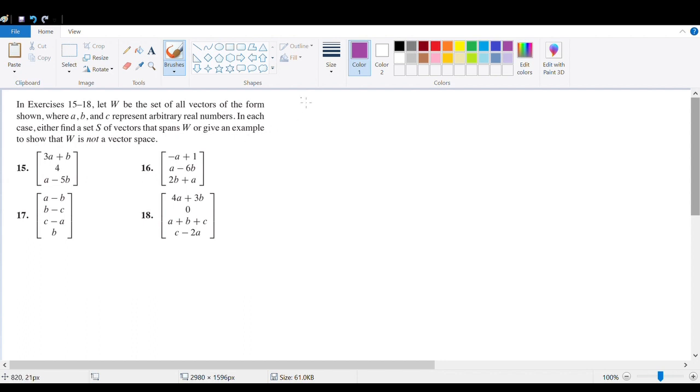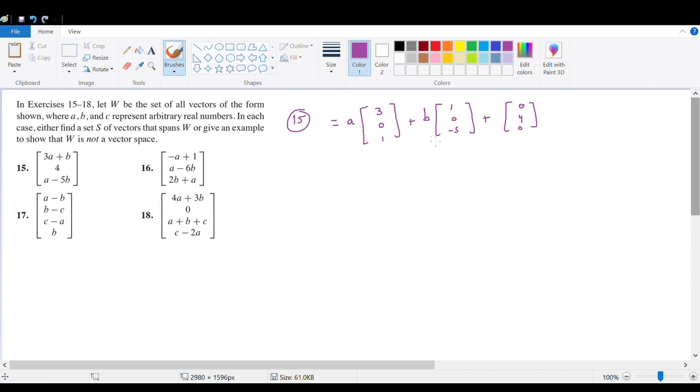So for 15, it is clear this is equal, if we take A, then we have 3, 0, 1, plus if we take B, we have 1, 0, minus 5, then we have 0, 4, 0.